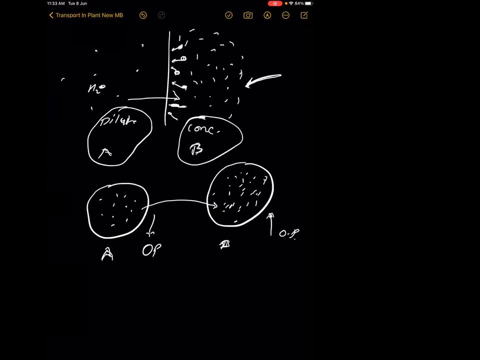So it moves from A to B always. If the osmotic pressure is high, then it has the potential to absorb more water. It shows the thirst or power of that solution to absorb more water.